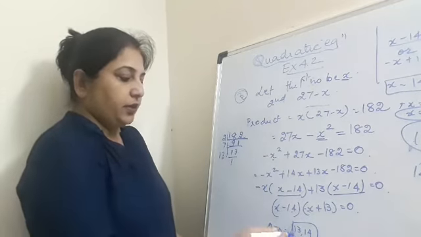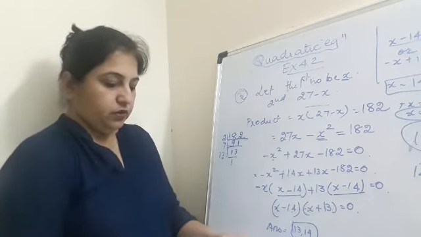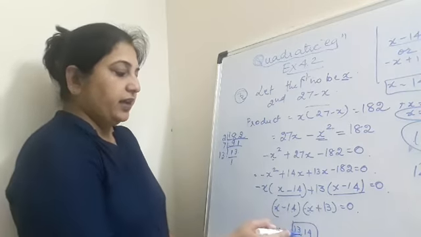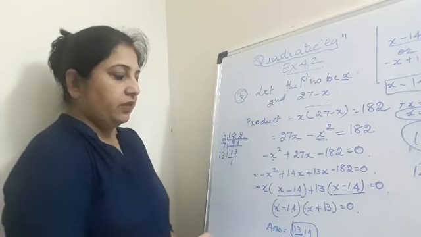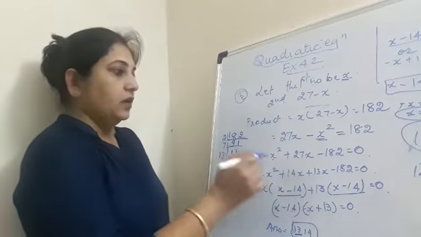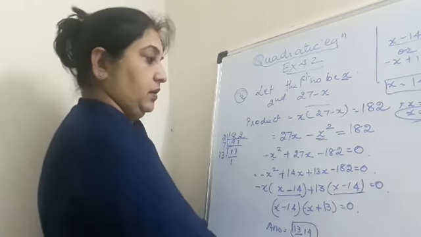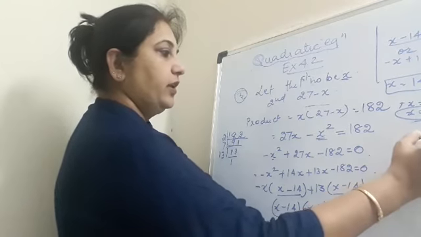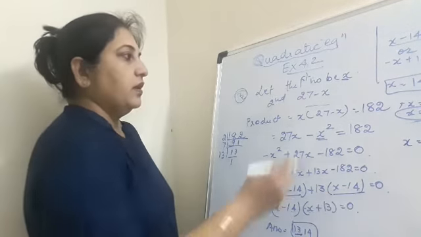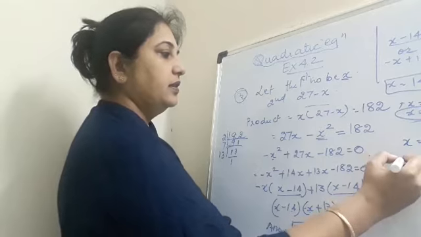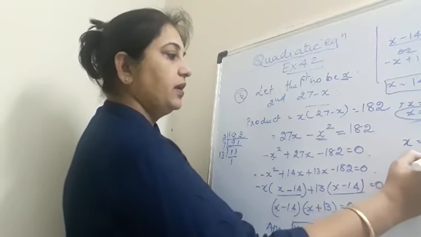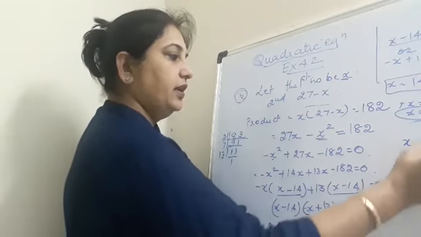Now we can substitute. They are asking you to find the two numbers. If x is equal to 14, then the second number will be 27 minus 14, that will be equal to 13.